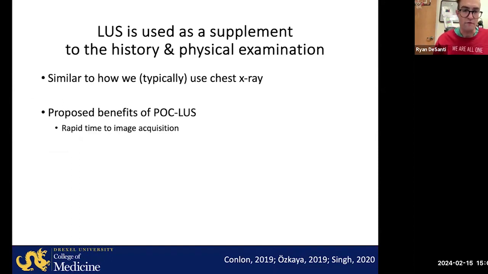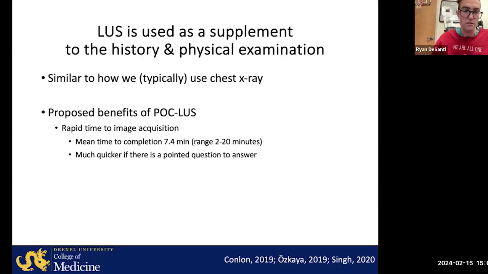Some of these proposed benefits include rapid time to image acquisition, with a mean time in studies to completion of a full lung ultrasound of 7.4 minutes. This can range between 2 and 20 minutes, but these exams can be much quicker if there's a pointed question which you are trying to answer with the exam.